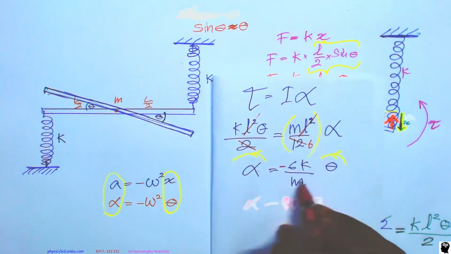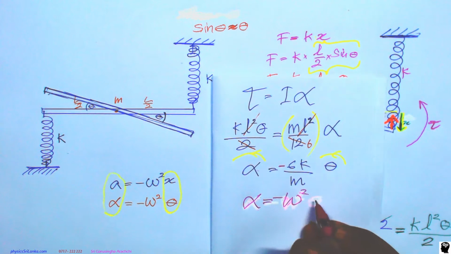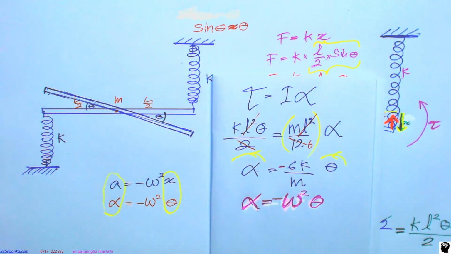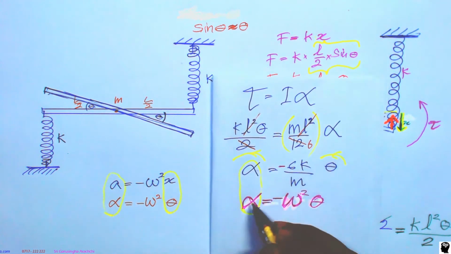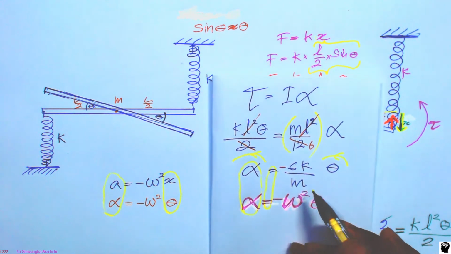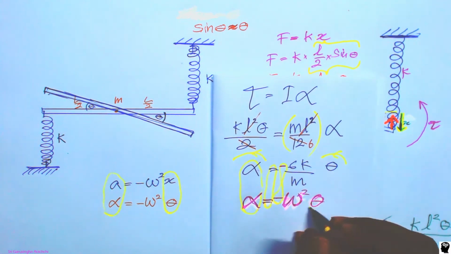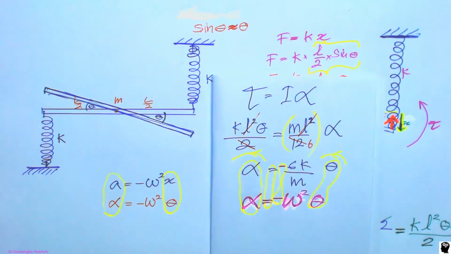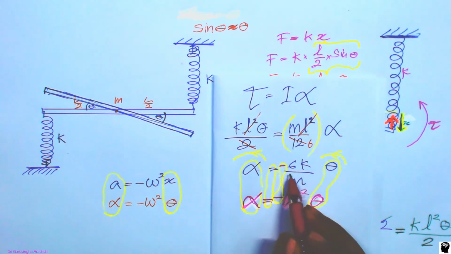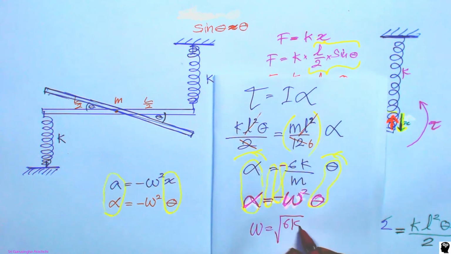Now I'm going to compare this equation with alpha equals minus omega squared theta. Okay, here we go. Alpha equals alpha, the minus sign here, the minus sign there, the equal sign here, they are equal. This theta, as here this theta. Okay, we can find omega squared equals 6k divided by m. So then omega equals root of 6k divided by m.